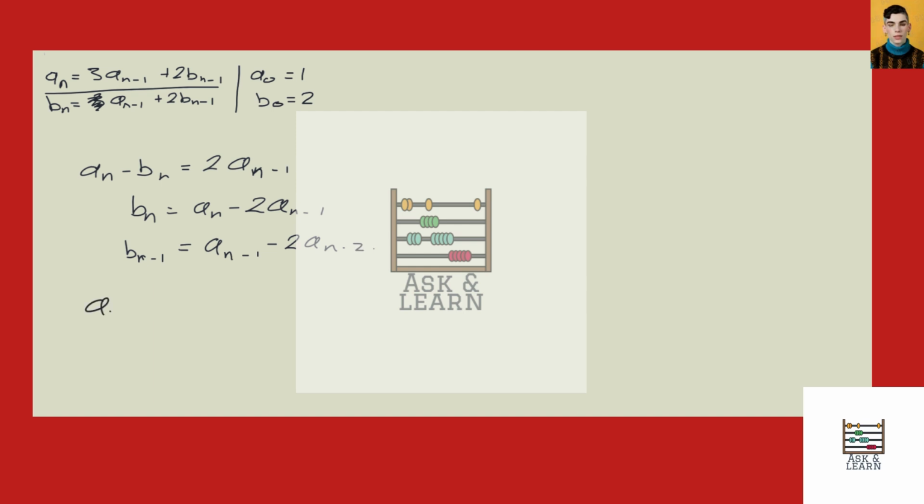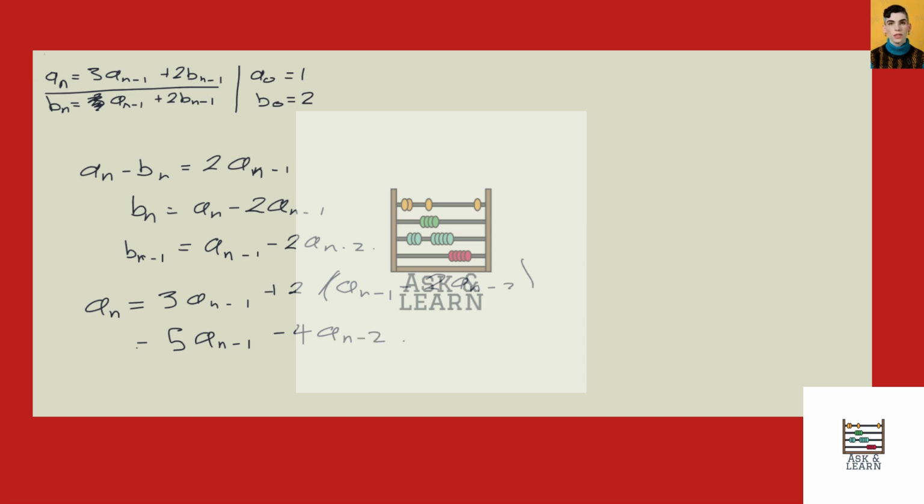So if we substitute this in, we have a sub n equal to 3a sub n minus 1 plus 2 times (a sub n minus 1 minus 2a sub n minus 2). Now simplifying, we have 5a sub n minus 1 minus 4a sub n minus 2.